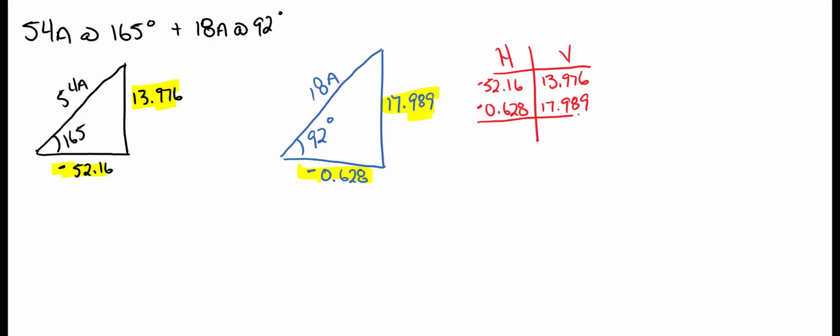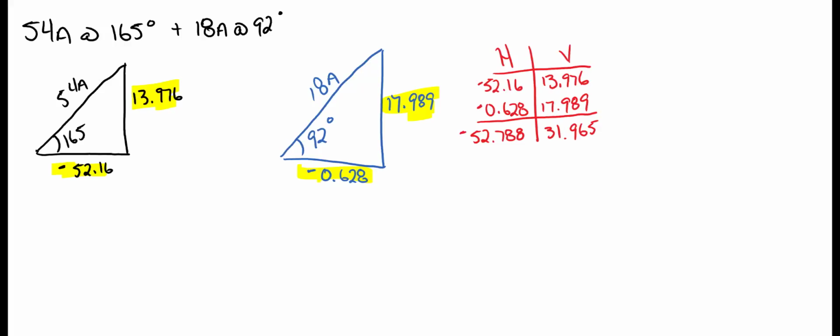Add those up. Gives me 52.788, which is a negative value, and 31.965, which is a positive value.